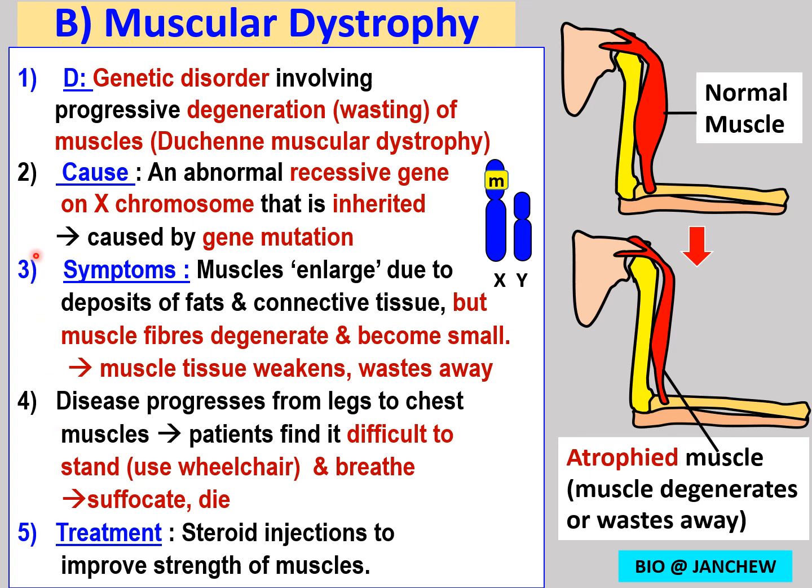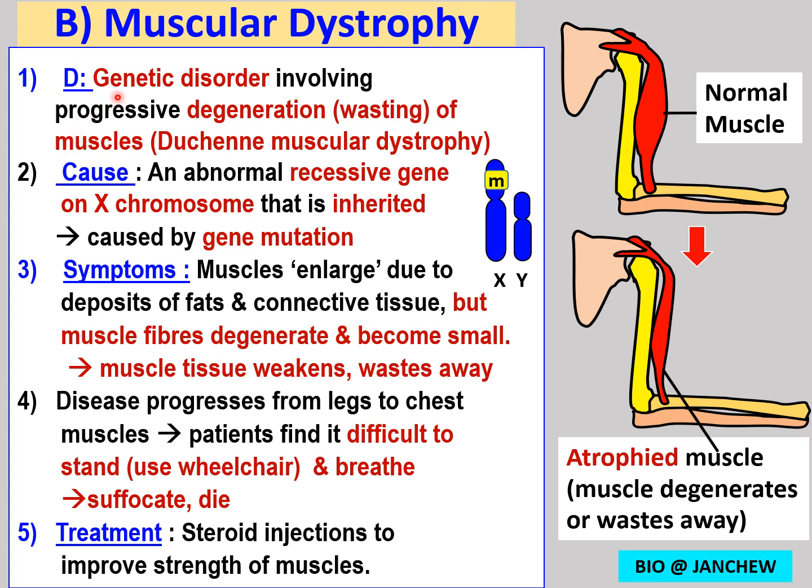The second example of a condition related to an impaired musculoskeletal system is muscular dystrophy, which is a genetic disorder involving progressive degeneration or wasting of muscles. One example is Duchenne muscular dystrophy, which is the more common muscular dystrophy disease.